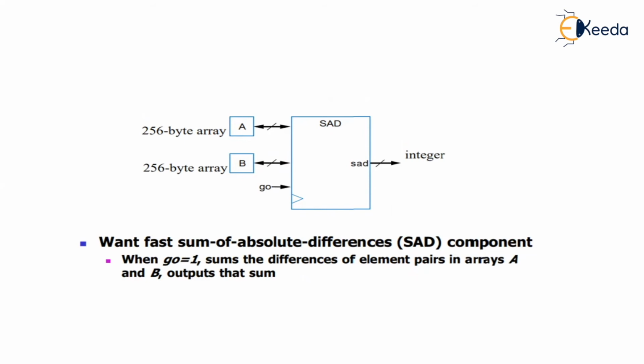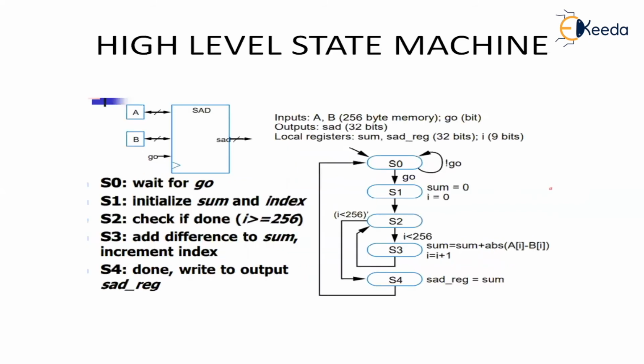When a go signal comes, it is going to sum the difference of the element pair A and B, and give that output, which is the sum. So when go comes, A and B's difference will be found, summed together, and given into the output register, which is the SAD output. That gives the sum of the absolute difference of A and B. So this is the component, or the processor, of your SAD.